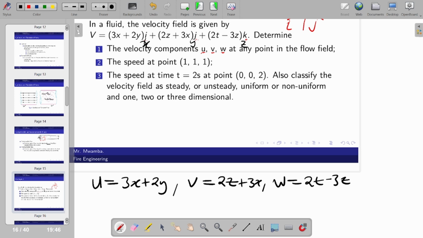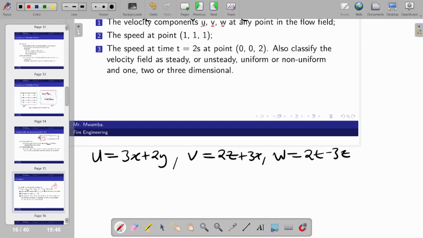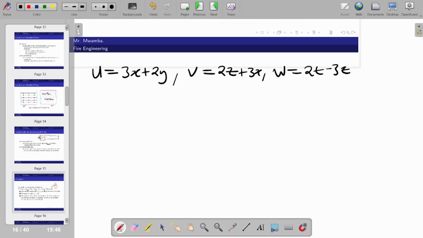Number 2 is saying determine the speed. Remember, speed is the resultant velocity, which is the scalar part of the velocity. Velocity has got direction and quantity, the scalar, but speed is just the resultant, the scalar part.